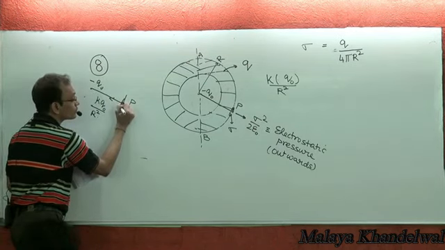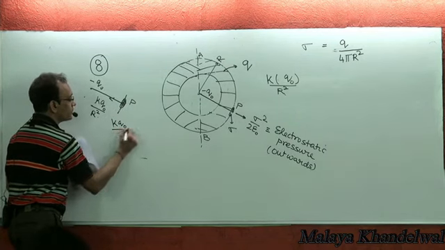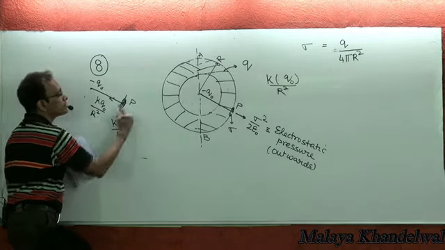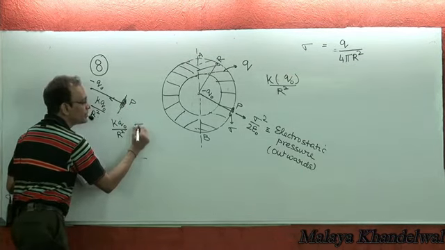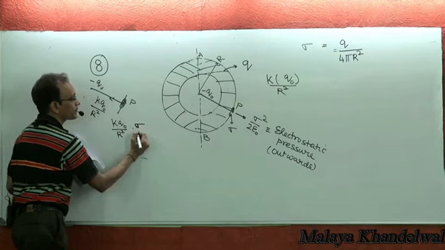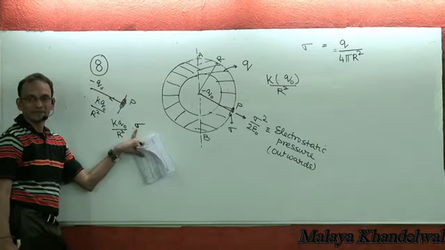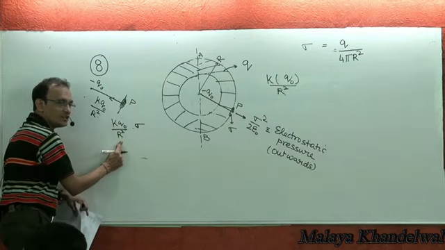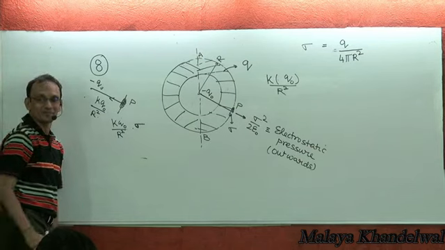Now, KQ naught by R squared is the force per unit charge acting at P, into the charge per unit area at P, which is sigma. So force per unit charge, that's the electric field, into charge per unit area is force per unit area, yes or no?